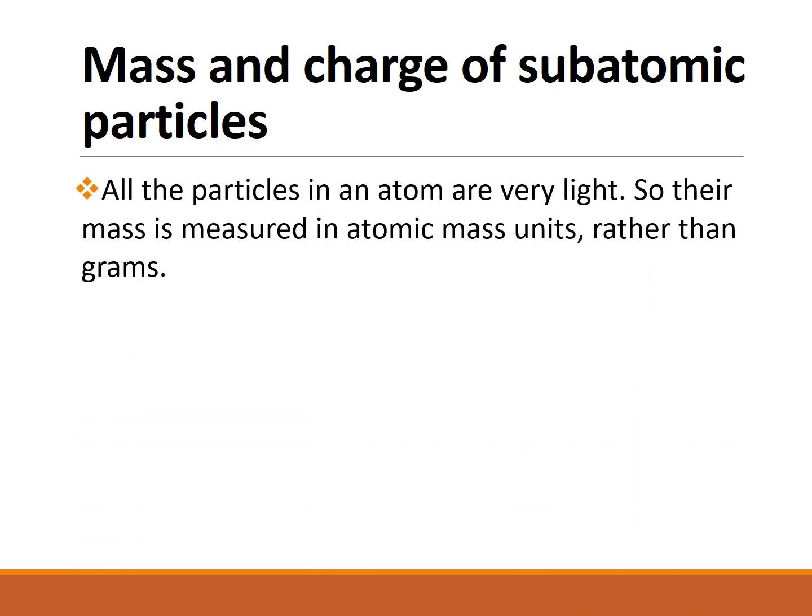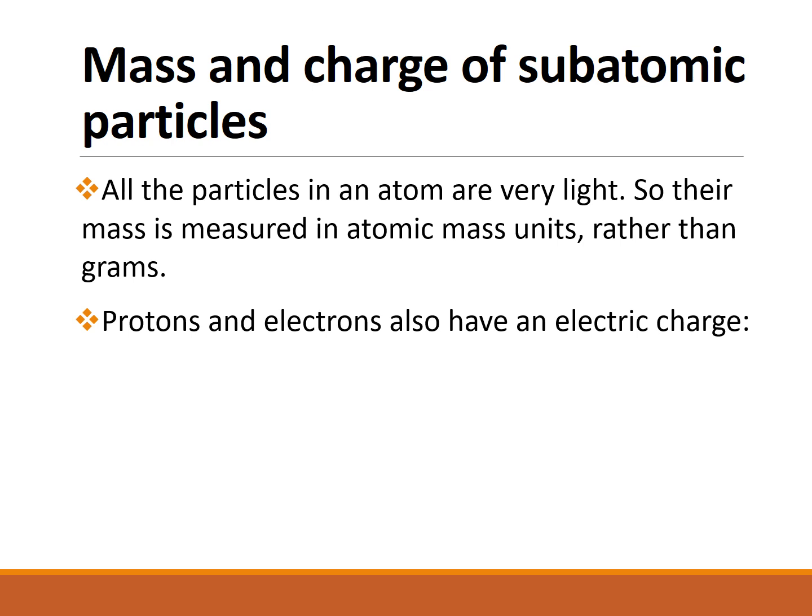Now let's look at the mass and charge of subatomic particles. All the particles of an atom are very light, so their mass is not measured in grams, but is measured in atomic mass units. Protons and electrons also have an electric charge.